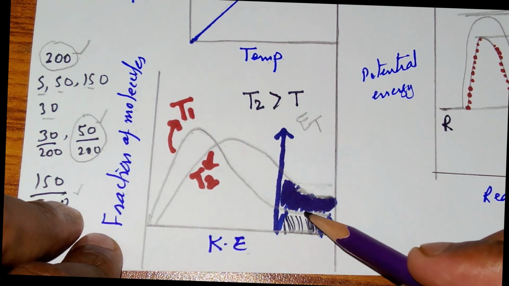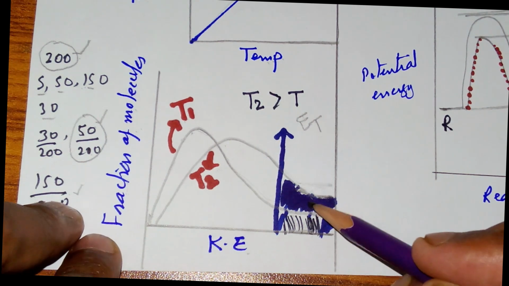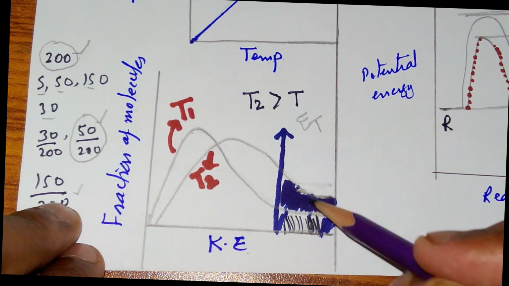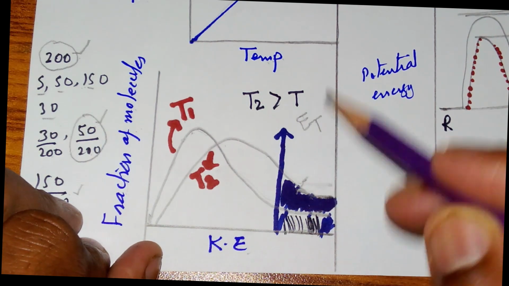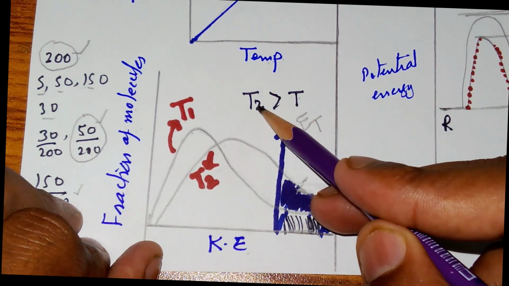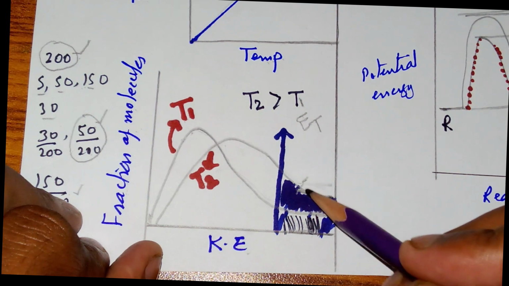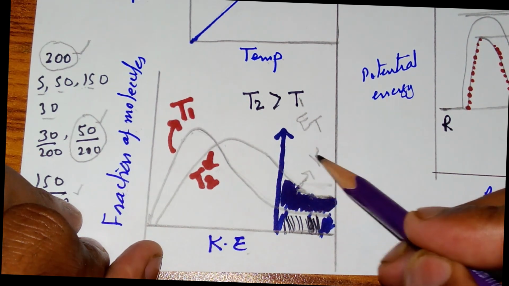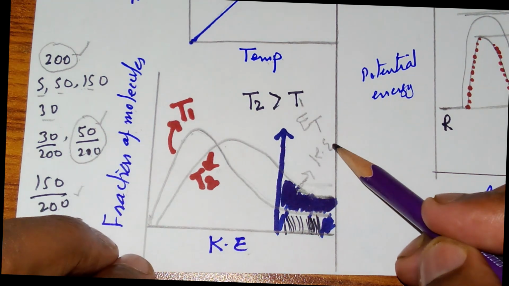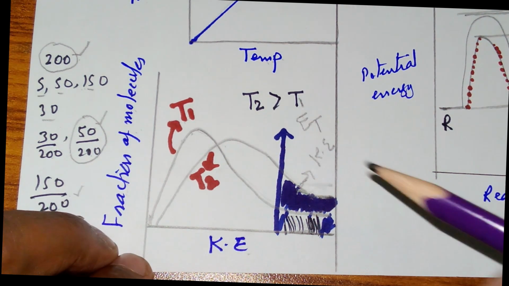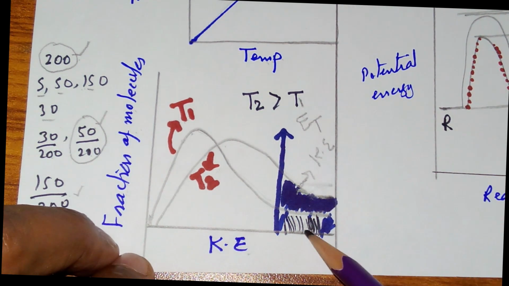So we can see that there is a large fraction of molecules here. This is T1 and this is T2. At this temperature, the molecules have the maximum kinetic energy, and these molecules will definitely form a product.